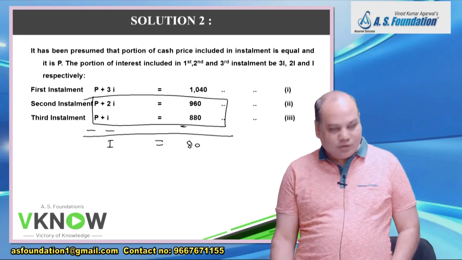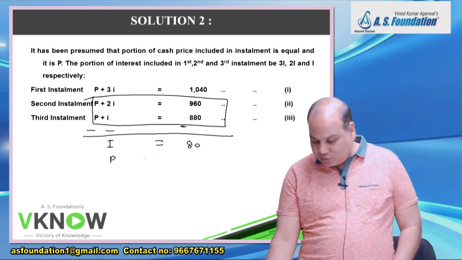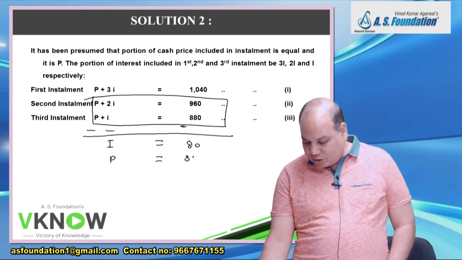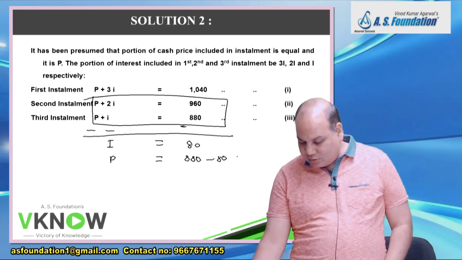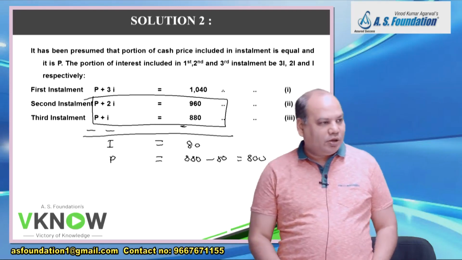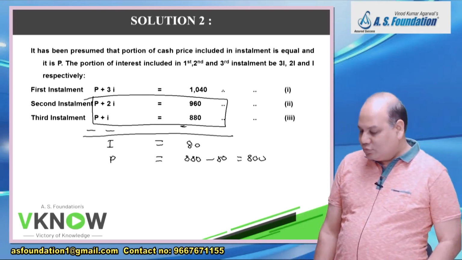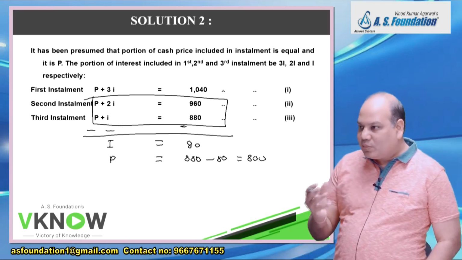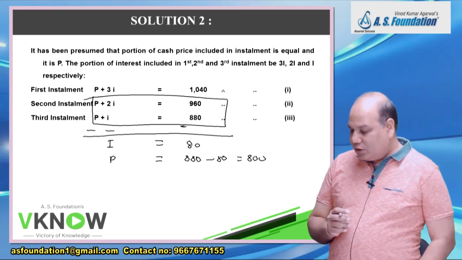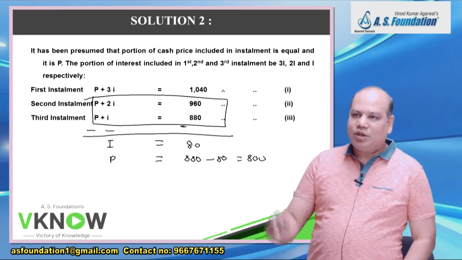That means I is 80. If I is 80, what is P equal to? 880 minus 80, I can take. Any equation you can take, your answer will be 800 only. True or false? True. It means the principal amount is 800. Interest amounts are 3I, 2I, I.